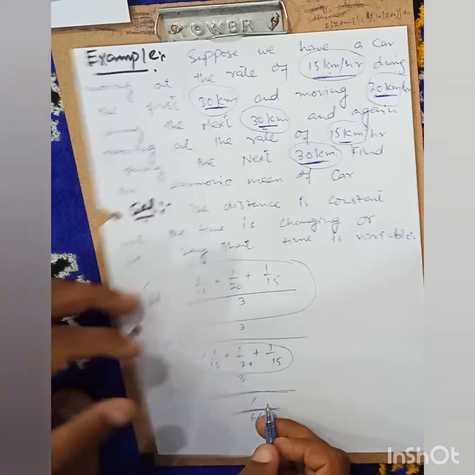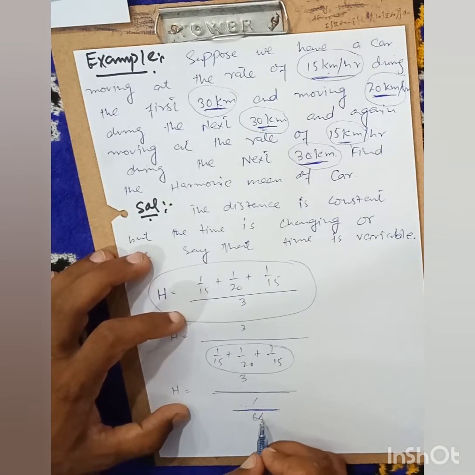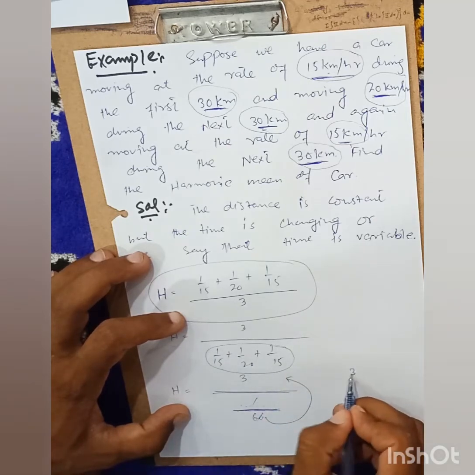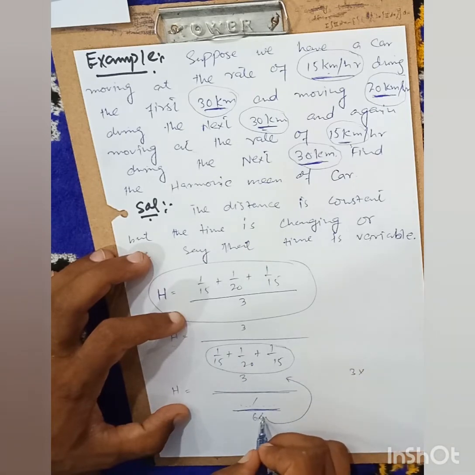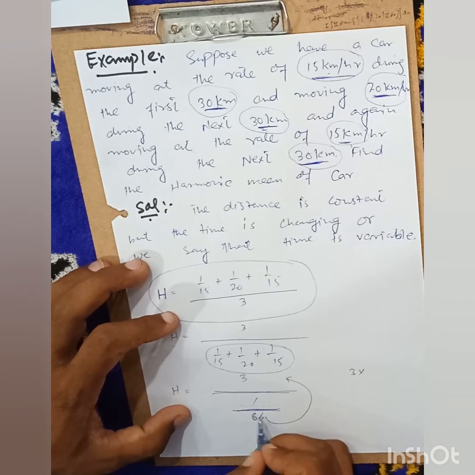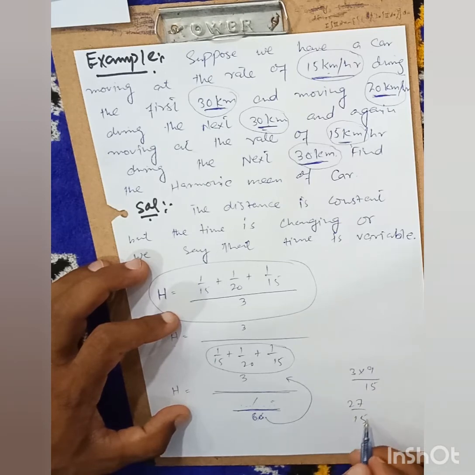After that you get some p by q form. In the numerator it would be something like 3 multiplied by something. Let's just suppose that in place of 60 we have got 9 divided by 15, so it would be 9 times 3 is 27 divided by 15.